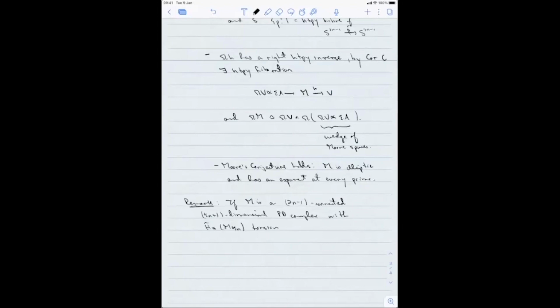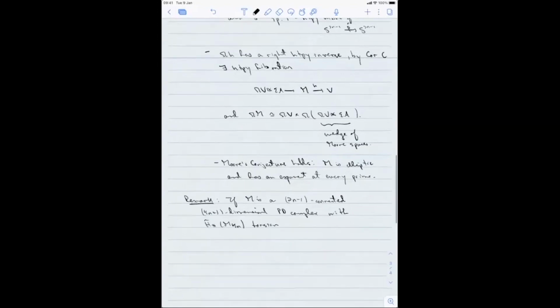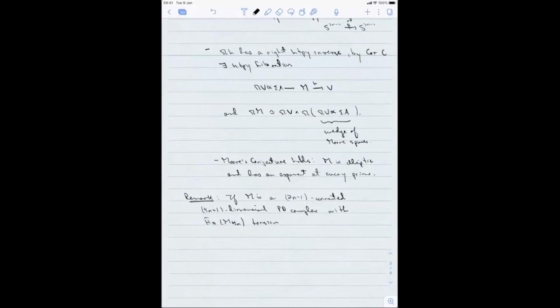So if it's just that wedge of Moore spaces in the middle dimensions, what can you do?